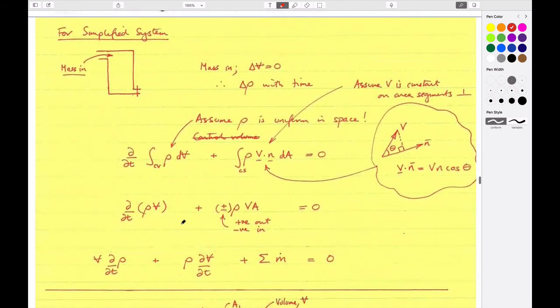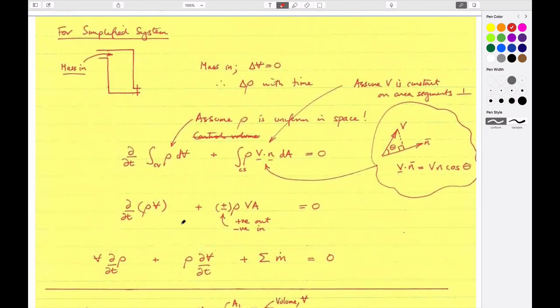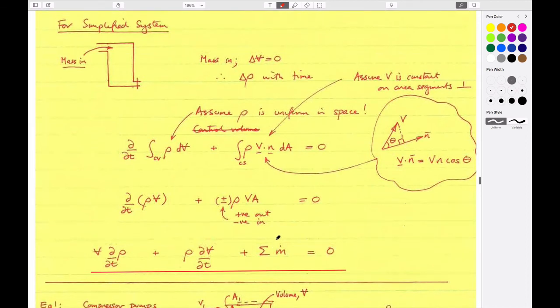We look at a couple of examples doing that by splitting up the conservation of mass equations. This is our basic relationship that we use here. And it really is defined in terms of looking at balancing mass rate in minus mass rate out.